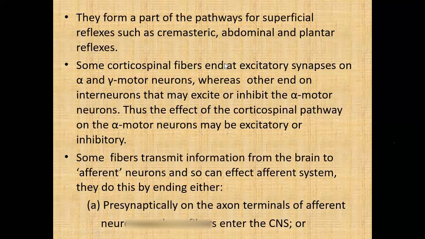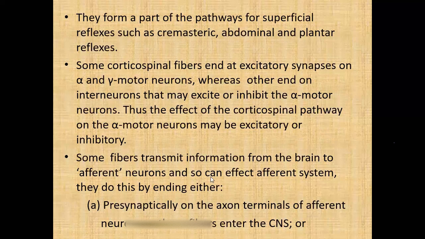Now, some of the fibers of the corticospinal tracts end on few neurons which may excite or inhibit the alpha motor neurons. Now, what does this mean? Some of these fibers may either be excitatory or may be inhibitory. Some of these fibers transmit information from the brain to the afferent neurons.